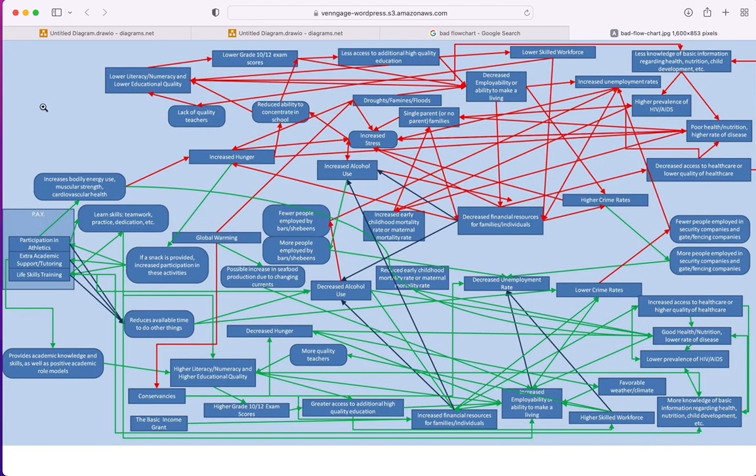Am I looking at something about city taxes and finance? Am I looking at something about weather? What exactly am I looking at here? I see lower prevalence of HIV and AIDS and good nutrition. Am I looking at basic health? Well, if so, what are all these connections and how does this work?